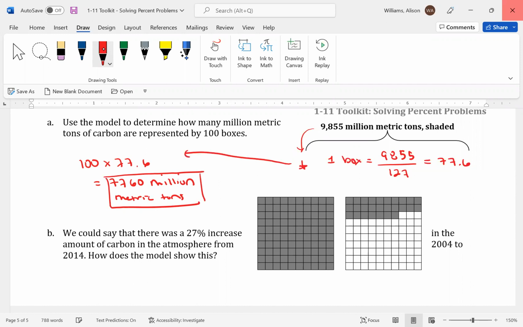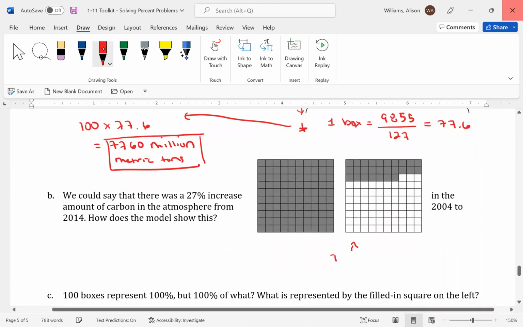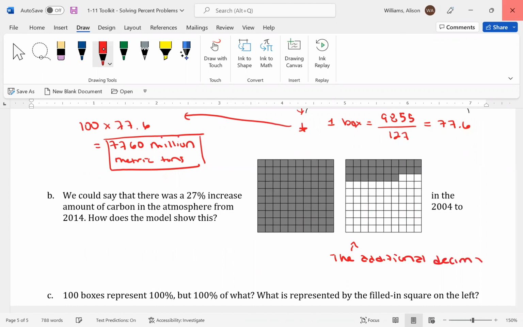We could say there's a 27% increase in the amount of carbon in the atmosphere from 2004 to 2014. How does this model show it? Well, the additional decimal square shows the increase.